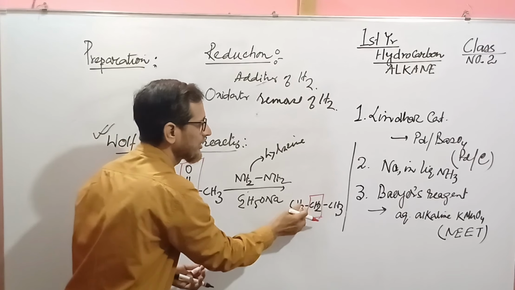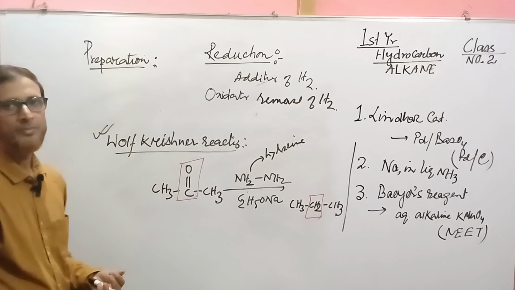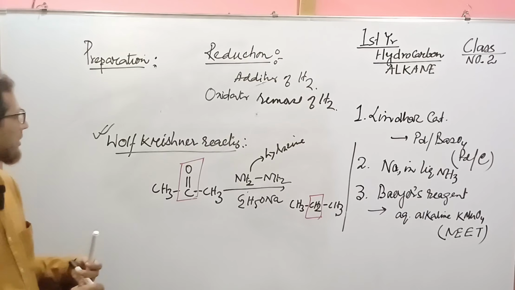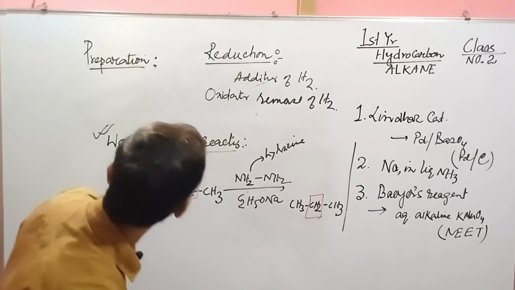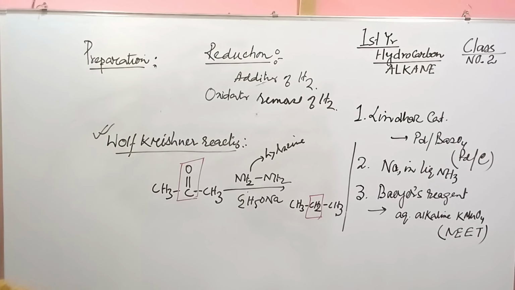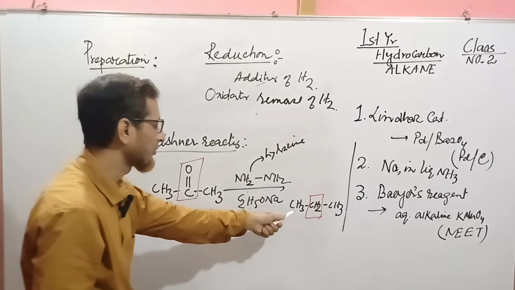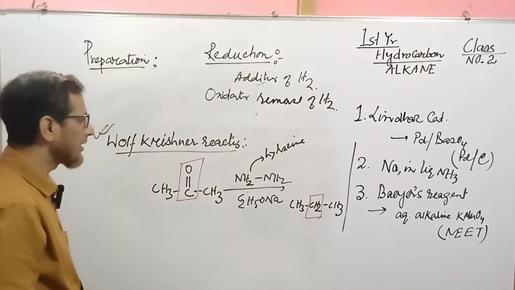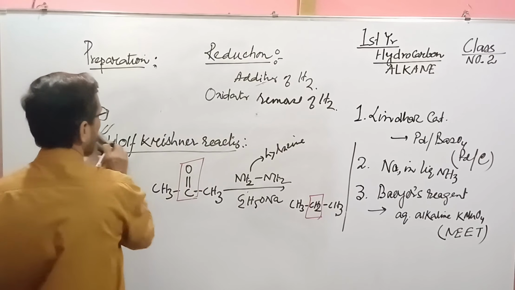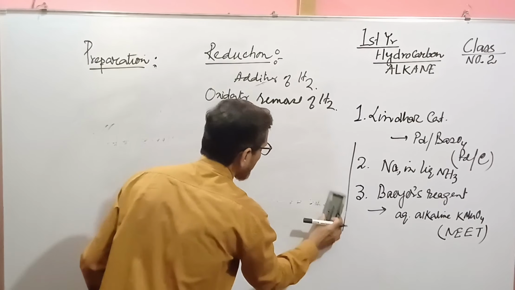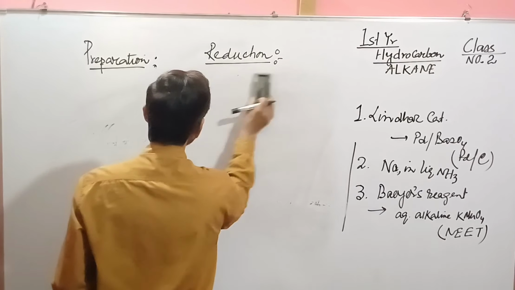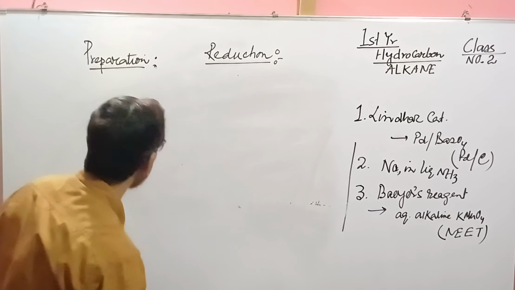That gives you propane. So it is very important. These two are very important: reduction reactions and name reactions, Clemmensen reduction and Wolff-Kishner reduction. It is also an important process for preparation of alkane. Alkane. Next one, probability 6, with Grignard reagent.